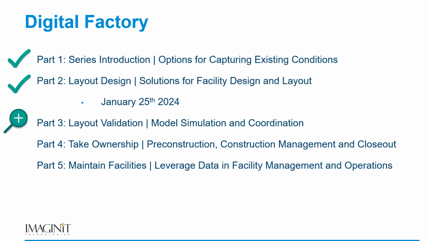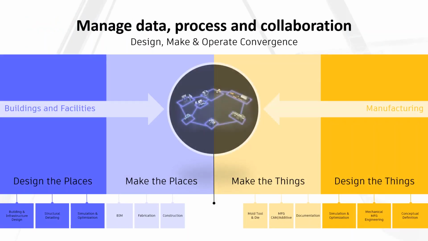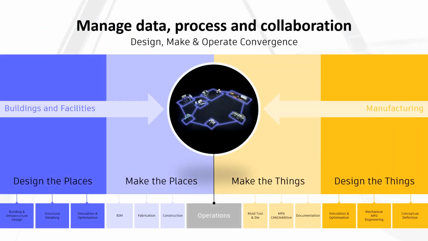One more, and I'll wrap it up, and we can go to Q&A. In the next series, we're going to talk about the right side of this chart, the third small box from the right, simulation and optimization.